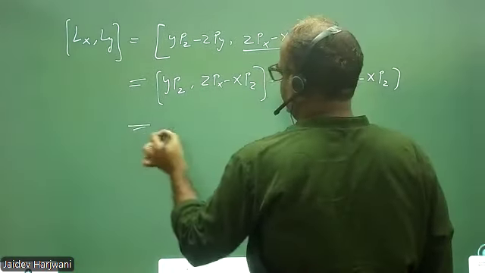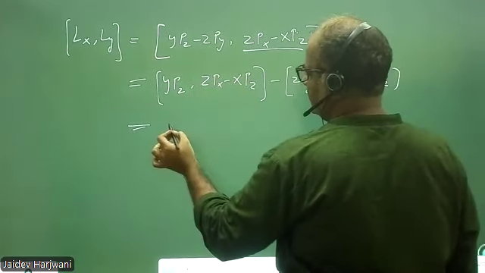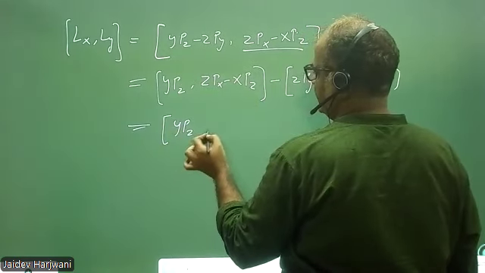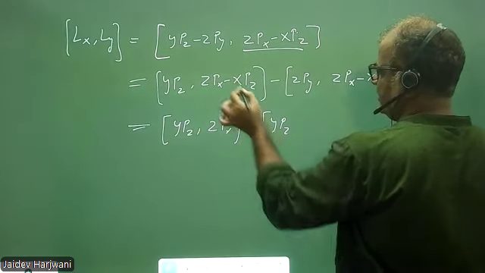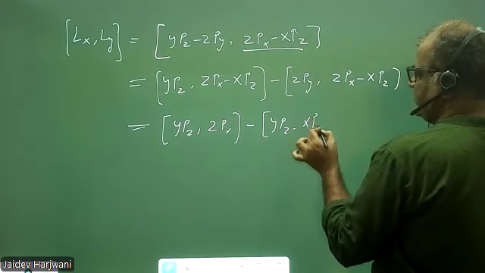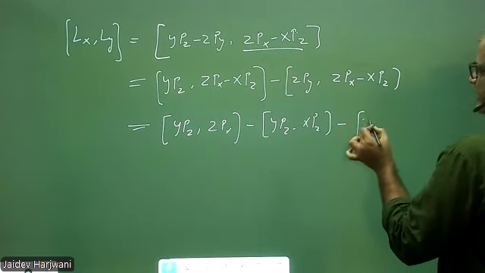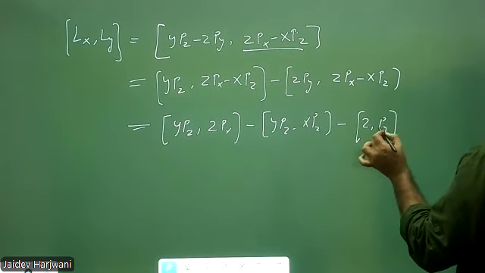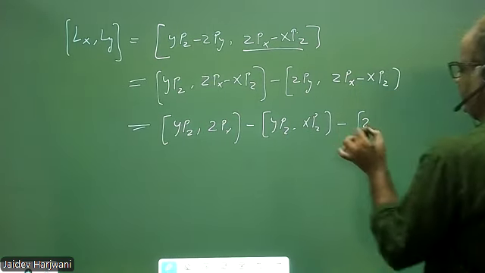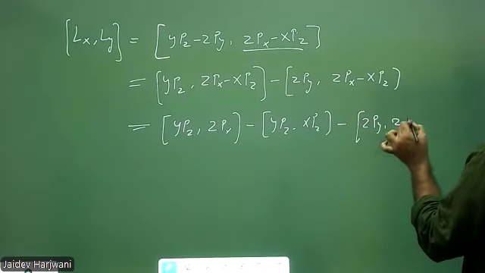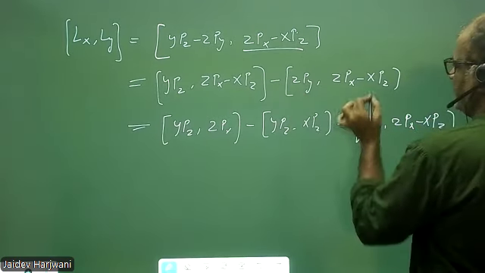And now these are the two quantities and this is one, so I can write y pz with z px minus y pz with x pz. Similarly, you can write here z py with z px minus x pz, and then minus will become plus.